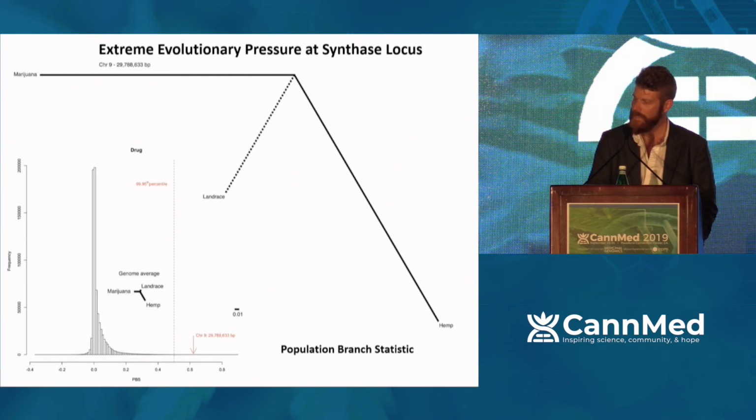What this tells me is that there's been strong divergent selection for very different phenotypes, or alleles producing those phenotypes, at the synthase locus. If we look at the landrace or the natural populations, we actually have a negative branch length, suggesting that the locus evolves neutrally in the wild. It's not under strong natural selection.